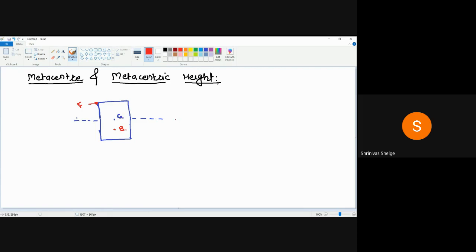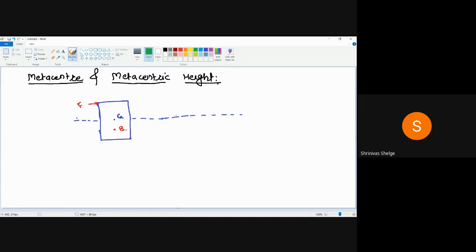So the second situation I'm going to show you here. Here again I'm showing the fluid, and I am applying a small amount of force.